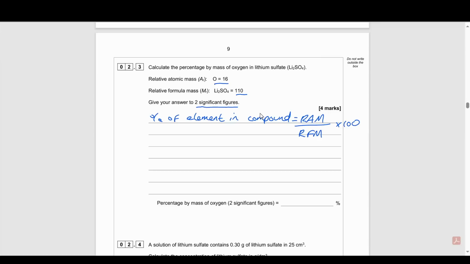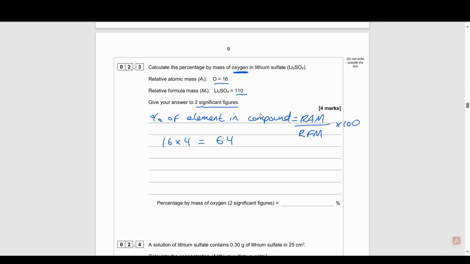So again, oxygen is the interested element for us. So we've got to use the relative atomic mass, which is 16. However, just like before in the previous question, there are 4 atoms of oxygen. So it would be 16 multiplied by 4 again, and that would be 64.